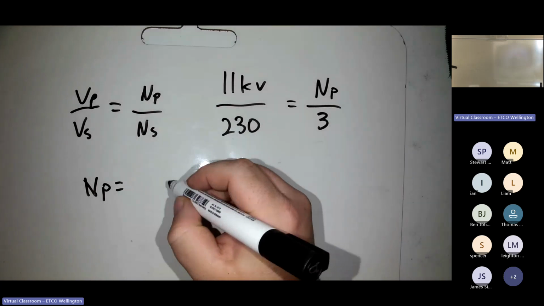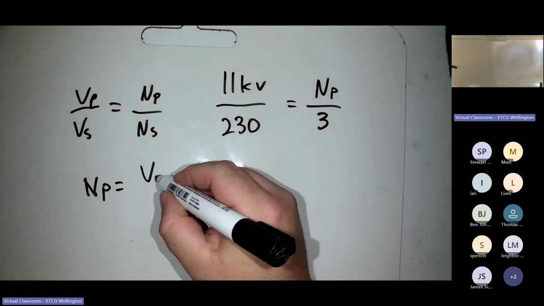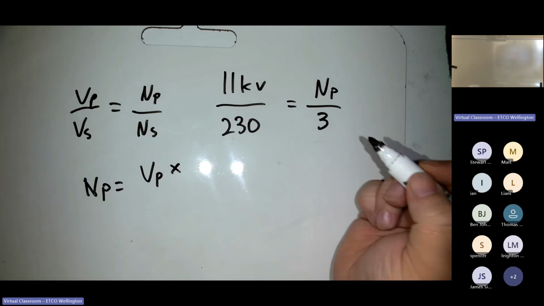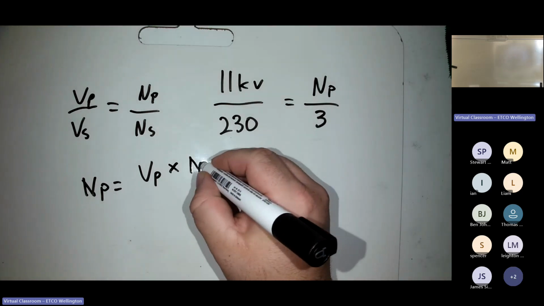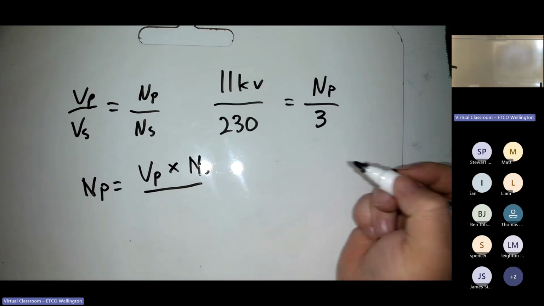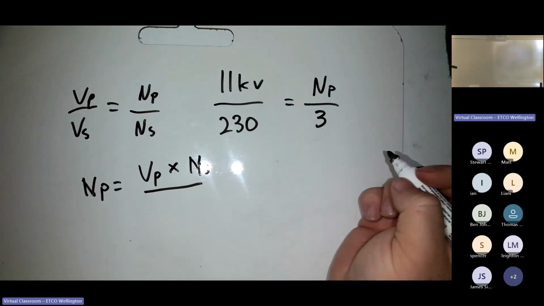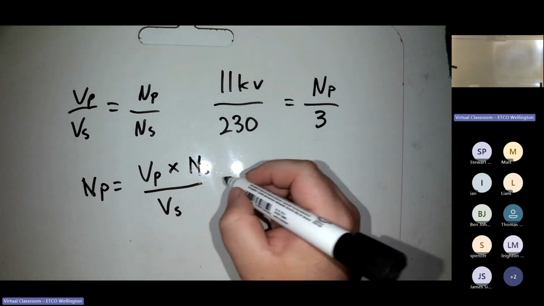So we're going to take the voltage primary and multiply it by the number of secondary turns, and then divide that by the voltage secondary.